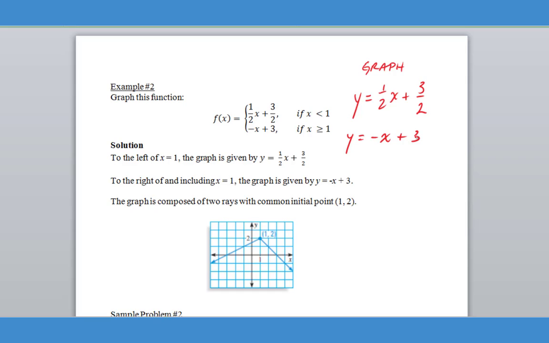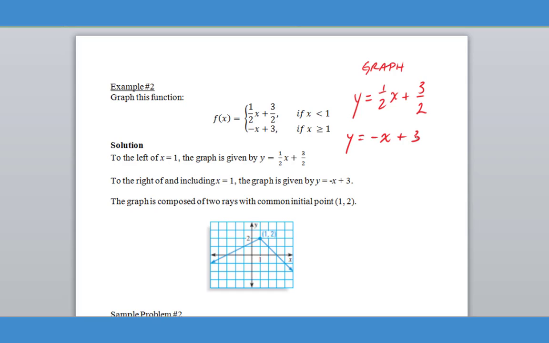If you understand this process, you can totally bypass that step and just graph the piece that's easiest for you. But just hear me out, and see if you can connect with what the end objective is.